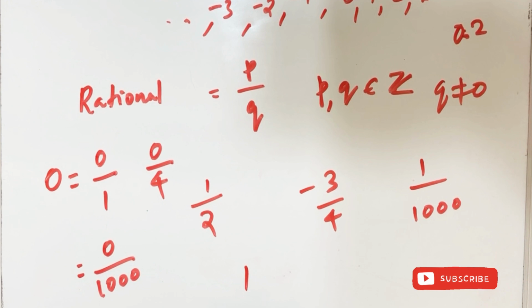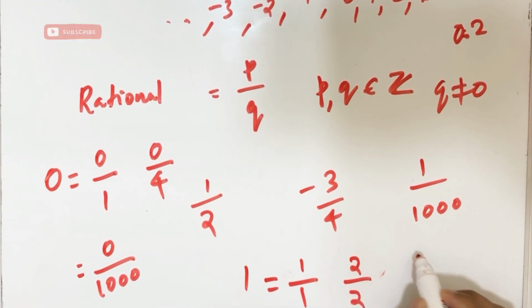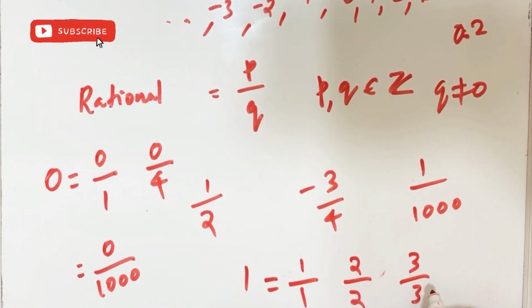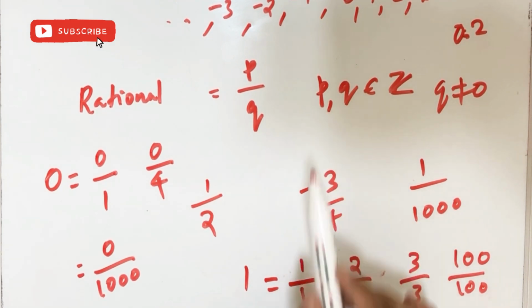Is 1 a rational number? How can we write it in numerator by denominator form? We can write 1 over 1 is 1, or 2 over 2 is also 1, or 3 over 3, or 100 over 100, all also 1. That is, any number divided by itself gives 1. So 1 is also a rational number. Like that, we can write any integer in the form p over q.